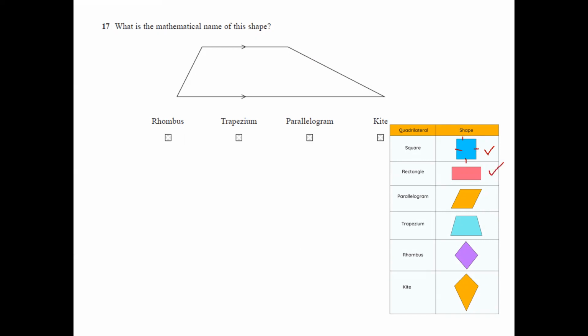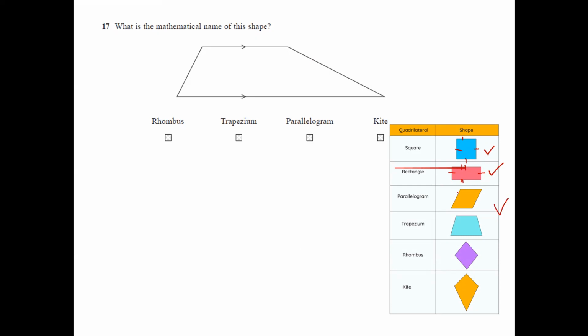And another type of quadrilateral is rectangle. In a rectangle, opposite sides are equal and parallel, and all the angles are right angles. But all the sides are not equal in a rectangle. Then parallelogram.